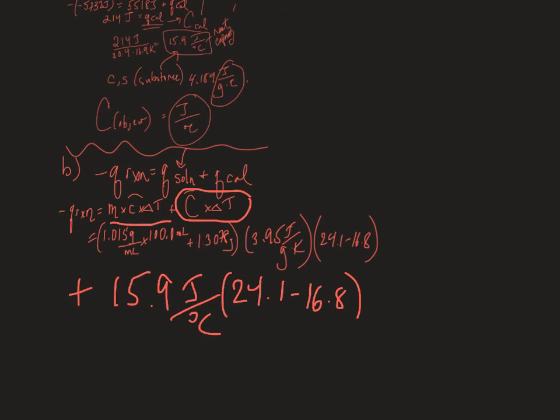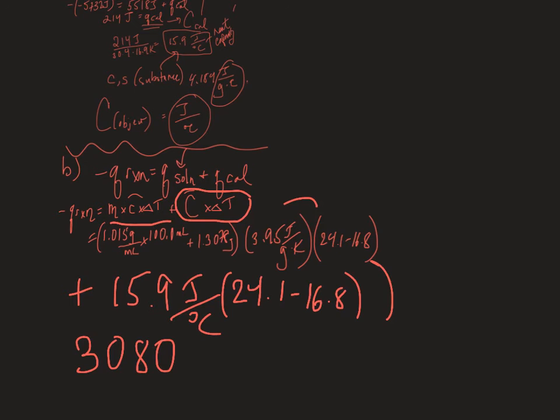When all is said and done, we're going to get a value for joules here and a value for joules here. And then we're going to add those up. And when I add those up, I get the number 3080.